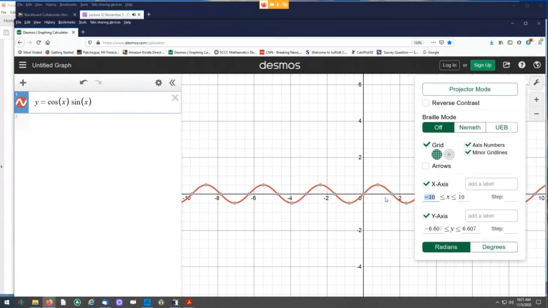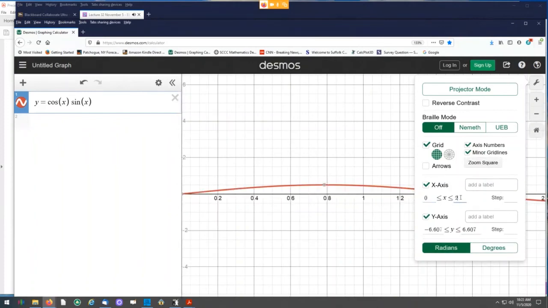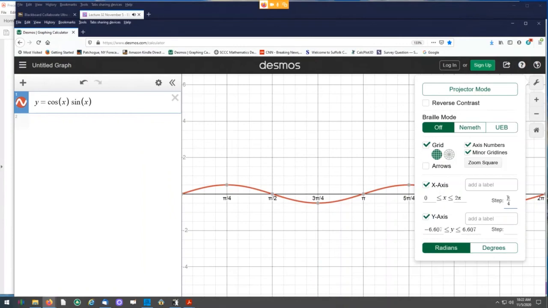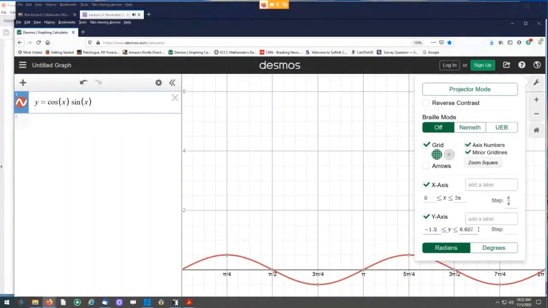So x goes from 0 to 2 pi, and let's go with a step of pi over 4, whatever. And let's make this go from minus 1.5 up to 1.5.